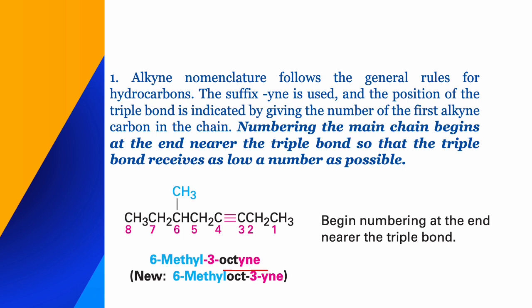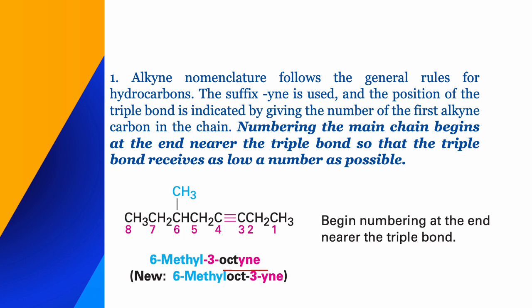So octine, because we have here 1, 2, 3, 4, 5, 6, 7, 8. So octa, and then we drop the a, and then we substitute it with y and e. So that is why we have here the octine.